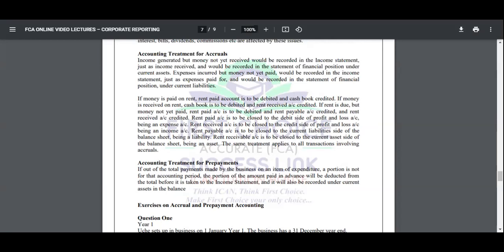So we are debiting the cash for receiving the cash, and we are debiting the rent payable account so as to clear up what we are owing.